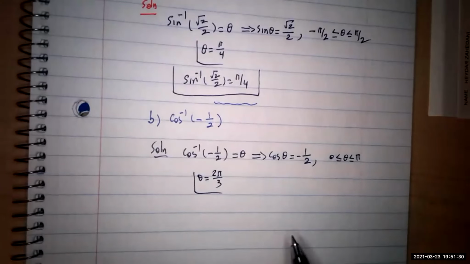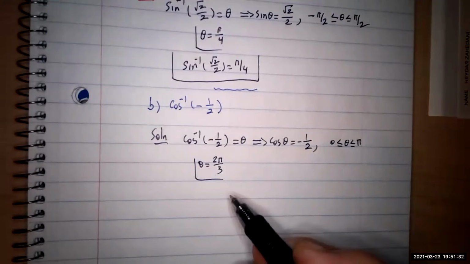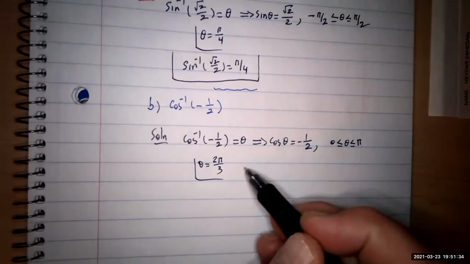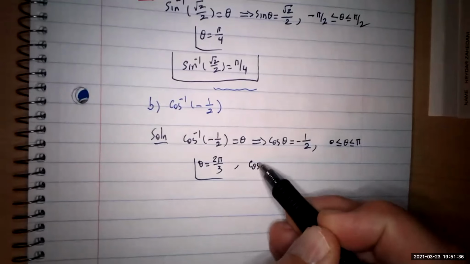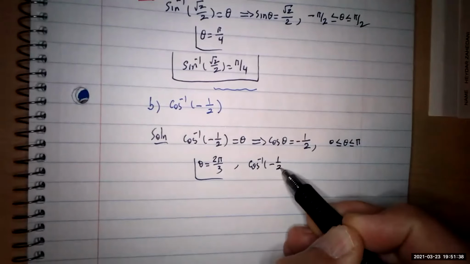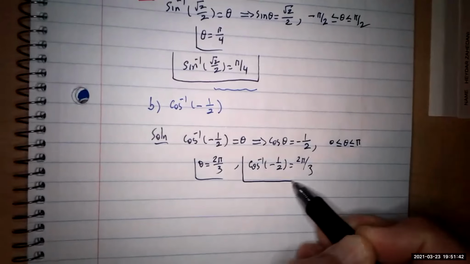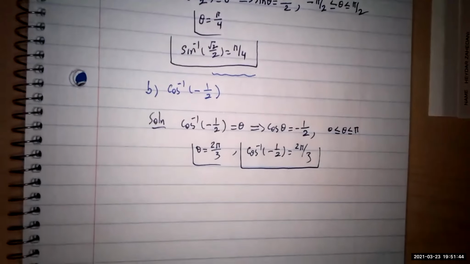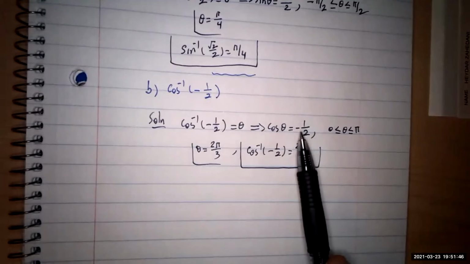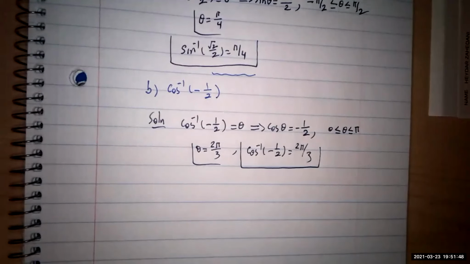Double check, make sure you get it right. Cosine inverse of negative 1/2 is equal to 2 pi over 3, and you're done. Any question? When it's a negative, be careful. So that is part B. Any question?